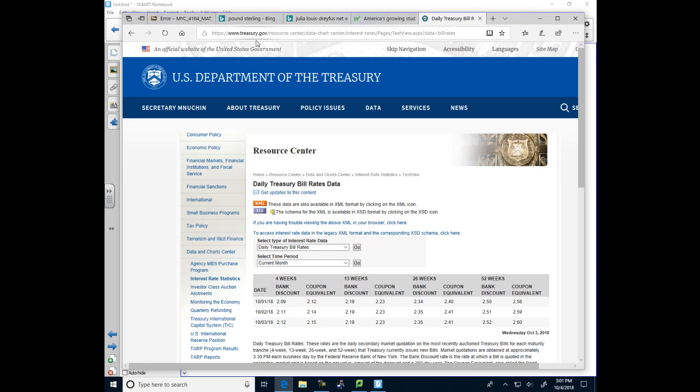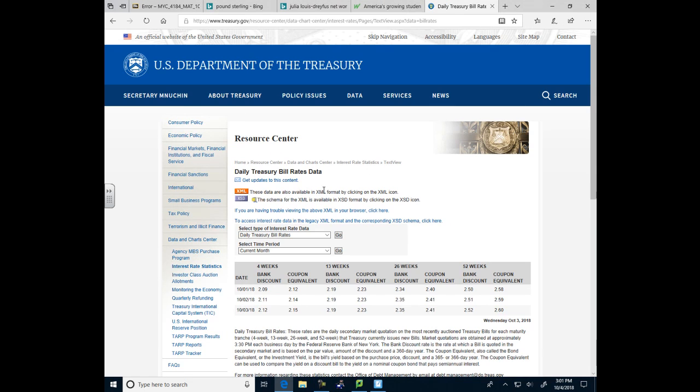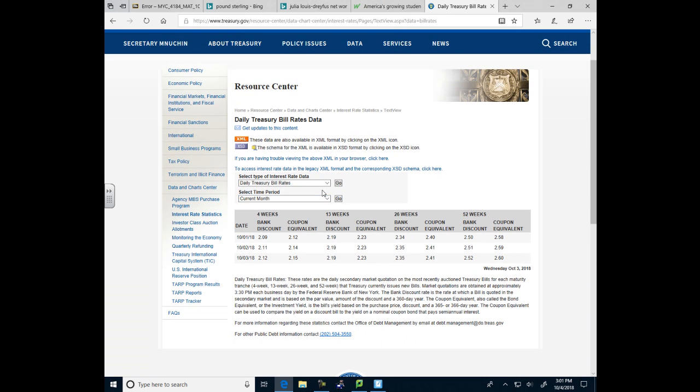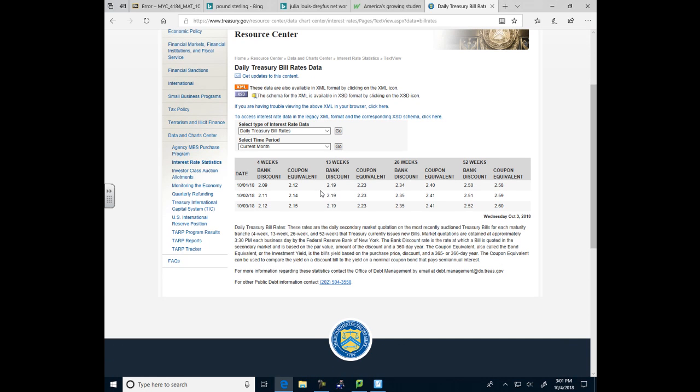This is from your government. Some of these are very technical terms. I'm not even sure what coupon equivalent is. I think it's a fancy word for something here in the book. But notice here, 26 weeks. 26 weeks is basically half a year, because the whole year is 52, isn't it? So notice it says the bank discount is 2.34%.